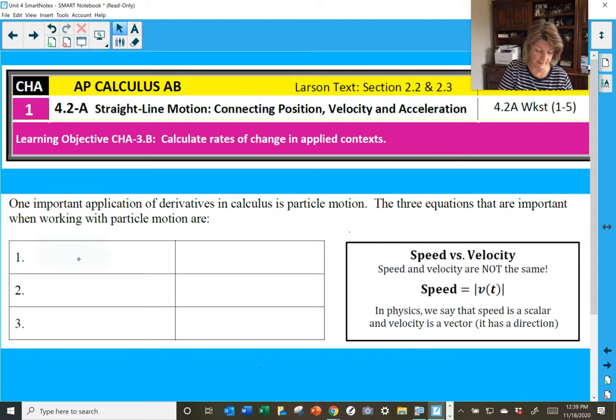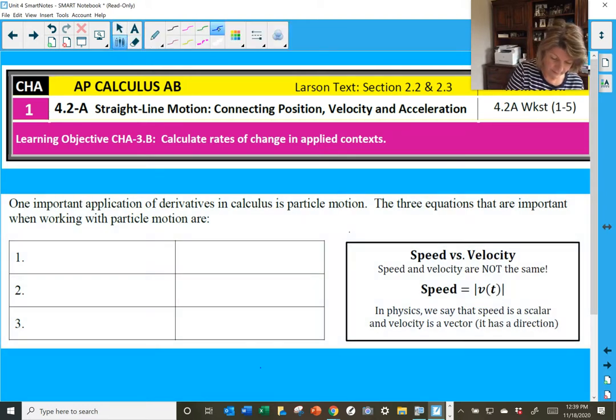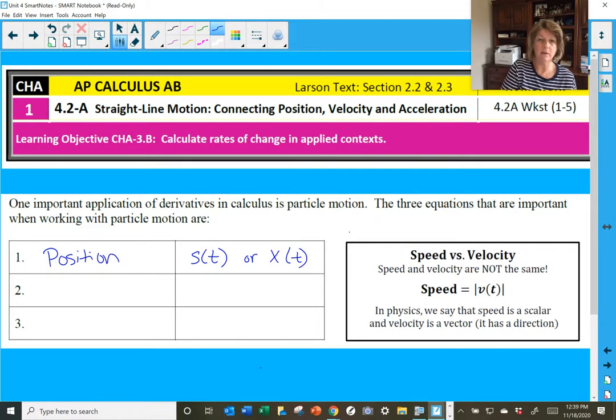The three equations that are most important, I have to write, are position, which is typically written as S of t or x of t. Those are the common notations you'll see. Velocity. Velocity is the first derivative from position.